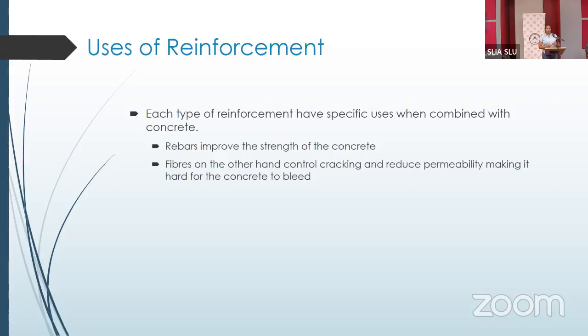The rebars we would tend to use for our suspended slabs, our beams, our columns, our foundations, all of those elements. The fibers, we can use in any one of them, but the fibers are generally going to be used to reduce or control cracking. Just like the BRC, we put it at the top of the slab to be able to control cracking in the slab.